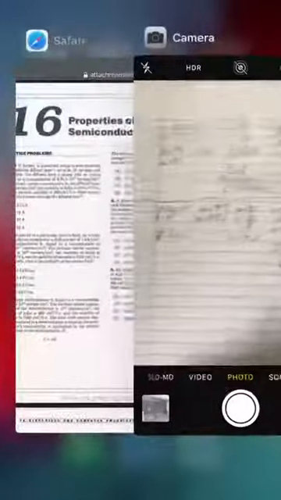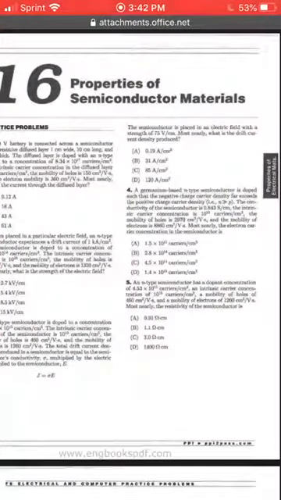I'm going to read problem number 4 now. A germanium-based N-type semiconductor is doped such that the negative charge carrier density far exceeds the positive charge carrier density. The conductivity of the semiconductor is 0.643 Siemens per centimeter. The intrinsic carrier concentration is 10 to the 10. The hole mobility is 2,970.